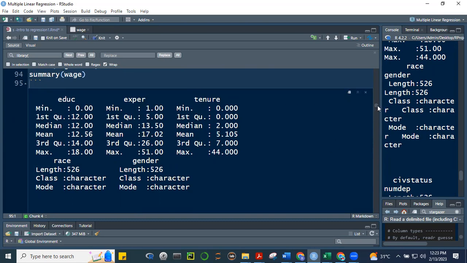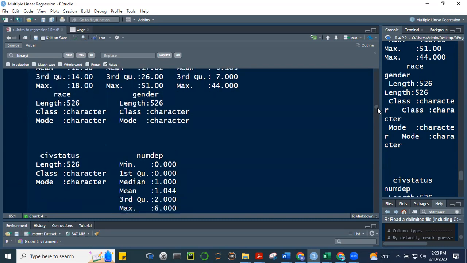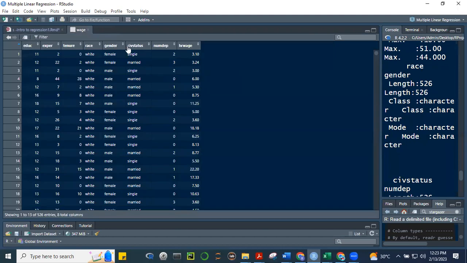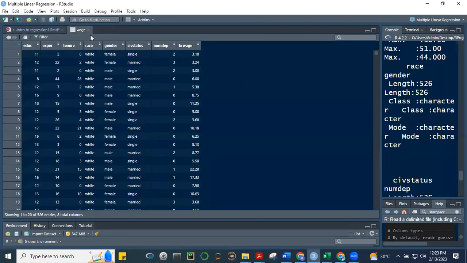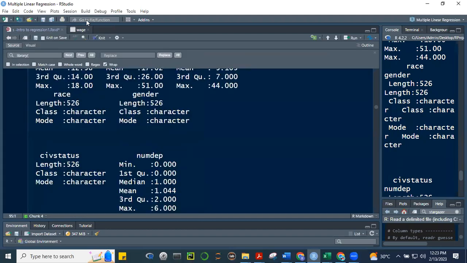For the character variables, it just gives us the count. In race, 526. Gender, 526. Although if you take a look at these variables, kunyari sa race, what do you think, class? What should we do with race? Should it still be just a character variable?